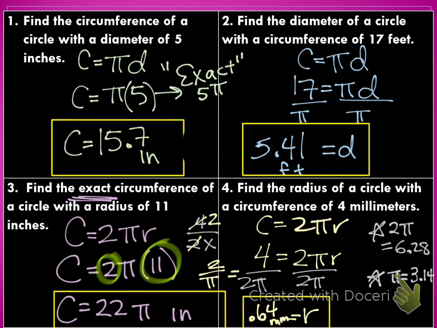How are we doing? We feeling good? You're not feeling good? What'd you get? The dividing by 2 pi? So 2 pi is 2 times 3.14. So if you double 3.14, double of 3 is 6, double of 14 is 28. So when you divide, you do 4 divided by 6.28.